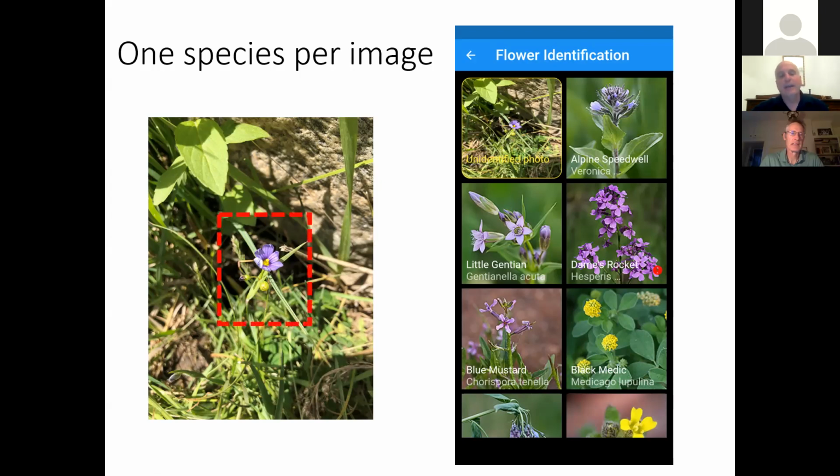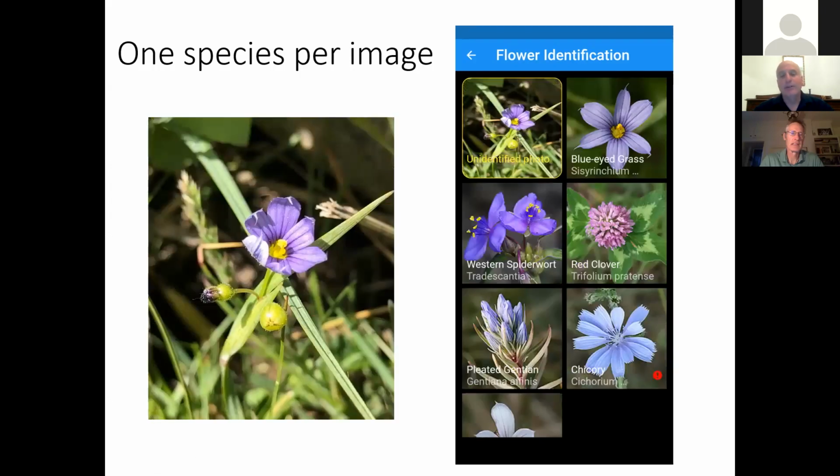And once again, if we had cropped this or come in closer, we would have gotten rid of those leaves and we would have had the flower filling more of the photo. And when we do that and run that cropped image through, it nails it right on the right species. So again, it's easy to criticize the technology, and it'd be nice if the technology could figure this stuff out, but there's also a lot the user can do to make these things work better.